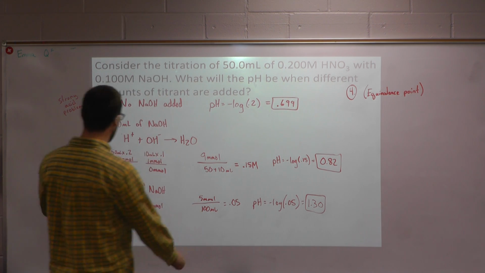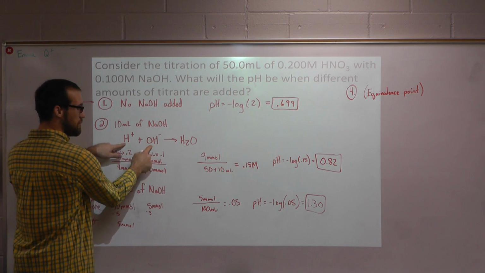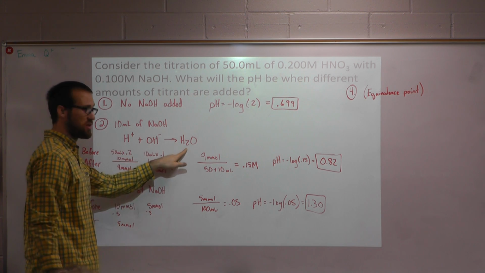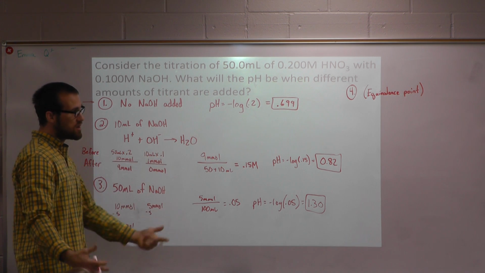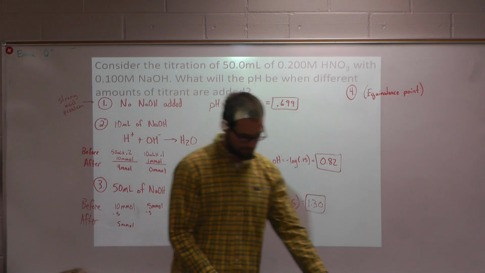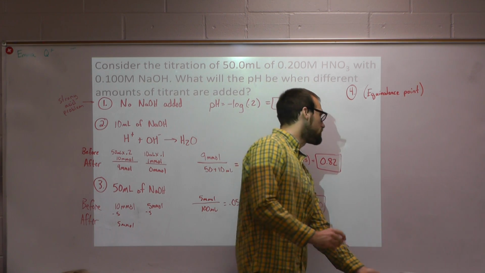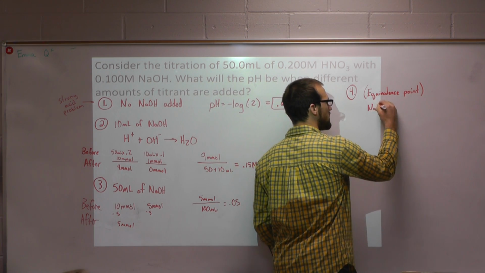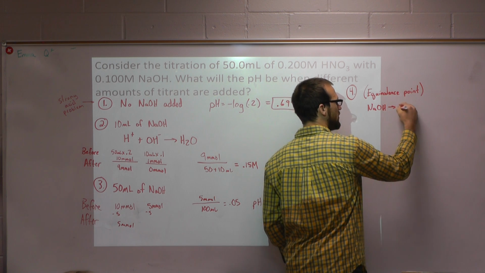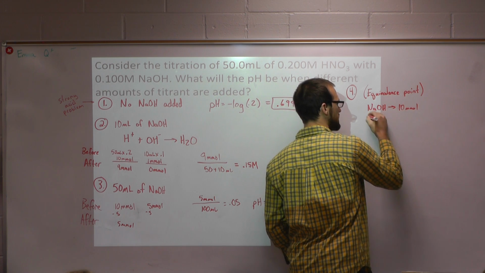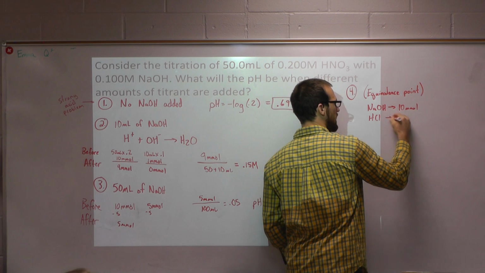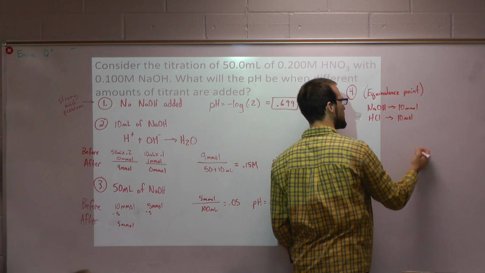I'll have 10 millimoles and 10 millimoles. They'll cancel each other out, producing water and a neutral salt. What's my pH? And I'll just write quickly here that you have 10 millimoles of this, and 10 millimoles of this.